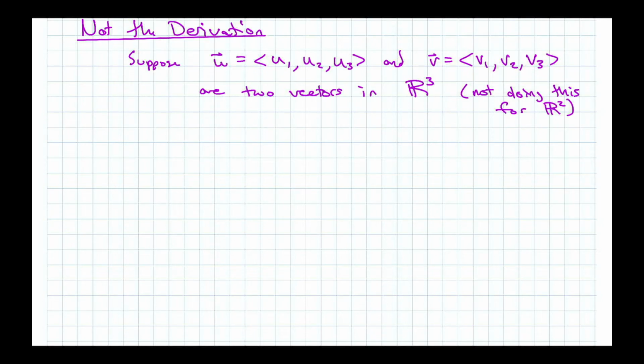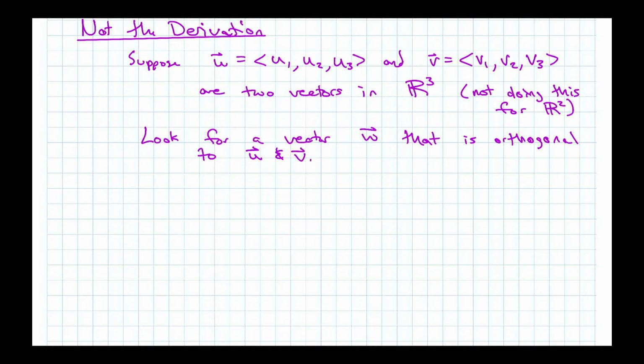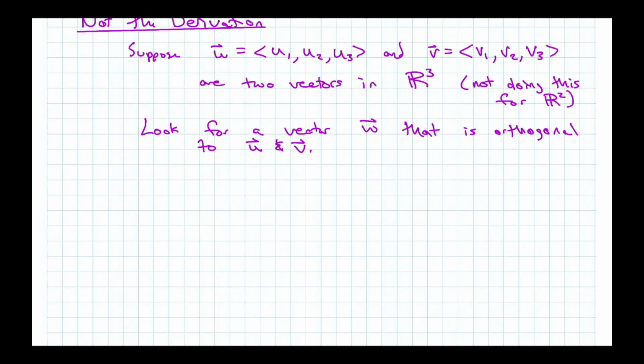They're two generic vectors. Now what we want is to find a third vector that's orthogonal to both of these. So we want to look for a vector that we're going to call w that is orthogonal to both u and v. That's what we said up above, that this operation will give a result orthogonal to u and v.